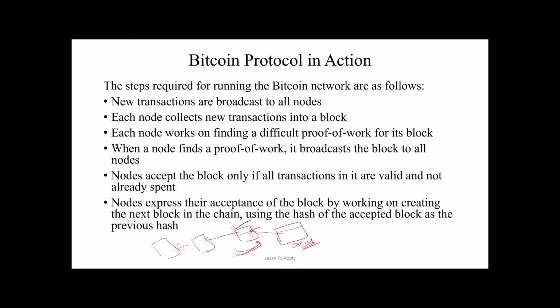Those nodes will check if the transactions are okay, not double spent, fresh transactions. They show their acceptance by accepting it and participating in consensus for producing the next block. This is the overall scenario, and it is better if we have a look at a diagrammatic execution of all those steps.